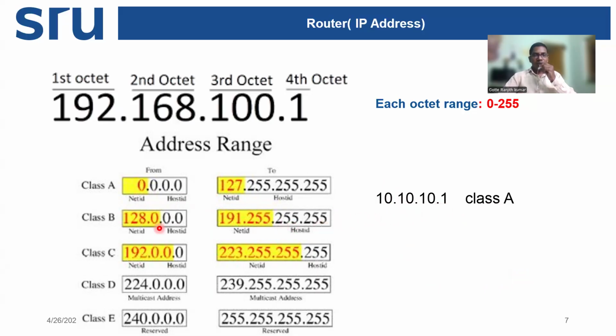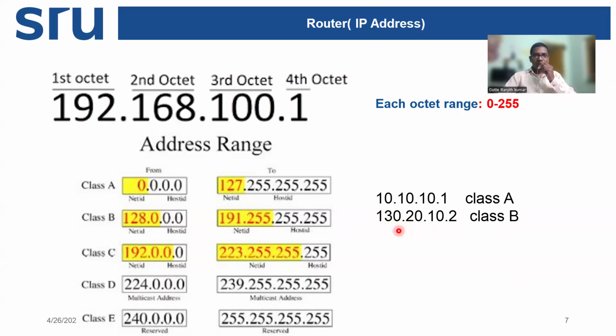Similarly, coming to class B, the class B range is from 128 to 191. Let us see an address as an example: 130.20.10.2. Here the first octet is 130, which is in the range 128 to 191. That's why this address can be identified as a class B address.